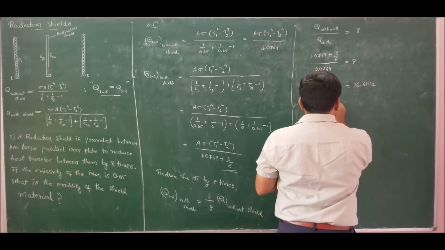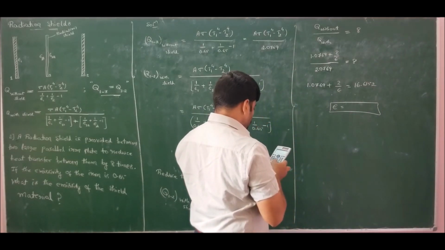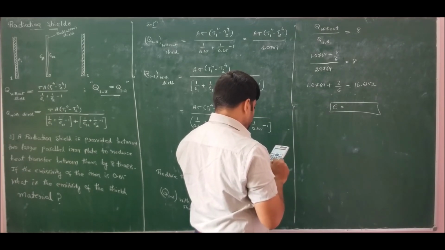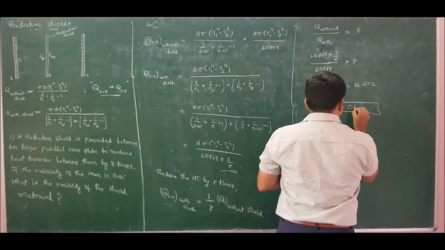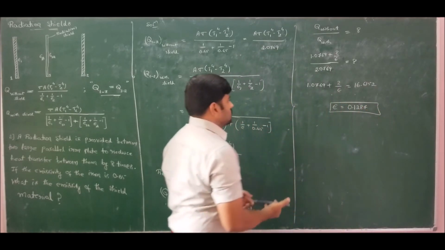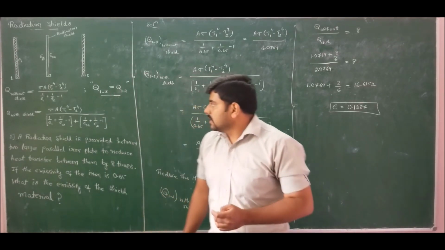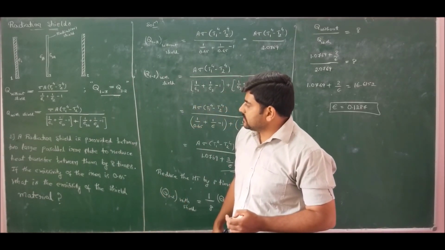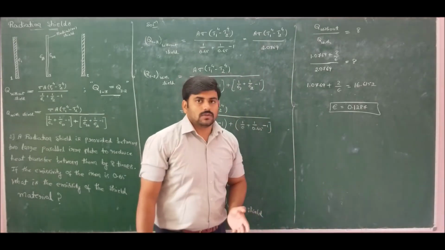So therefore the emissivity of the material will be 2 divided by this answer minus 1.0769, which will be 0.1287. So if I use a material of emissivity 0.1287, then I can reduce the heat transfer between these plates by 8 times. So this is the complete solution for problem number 2.